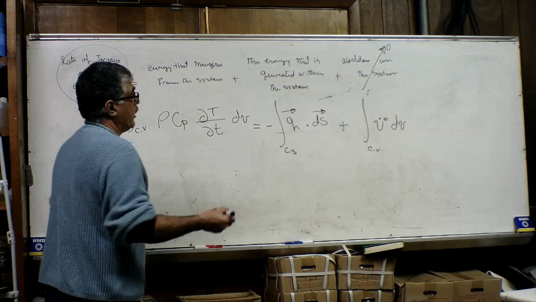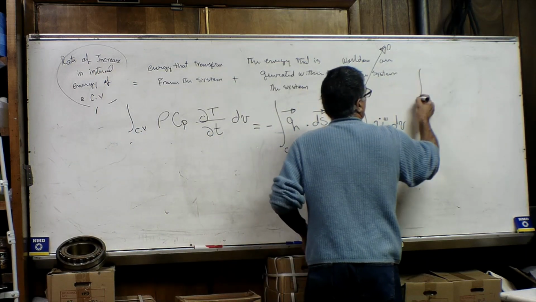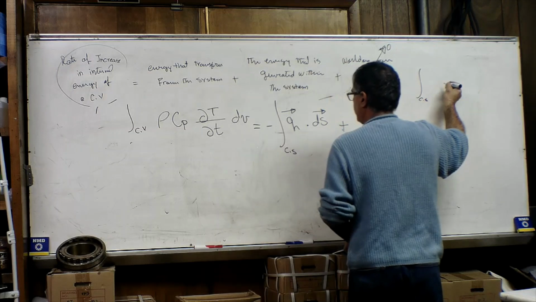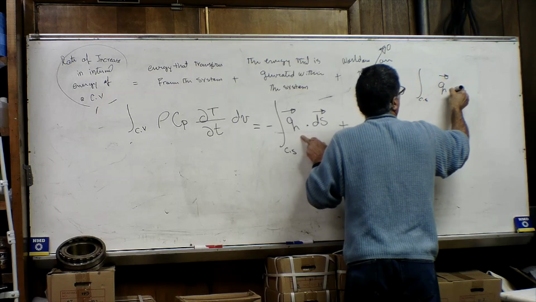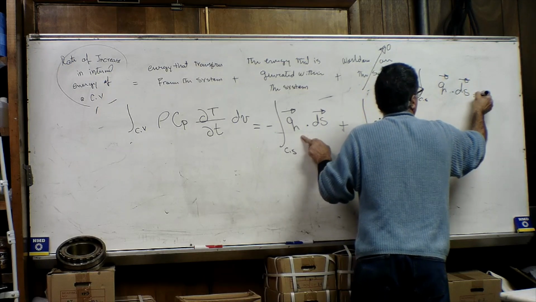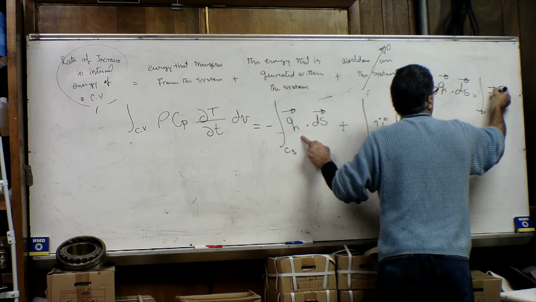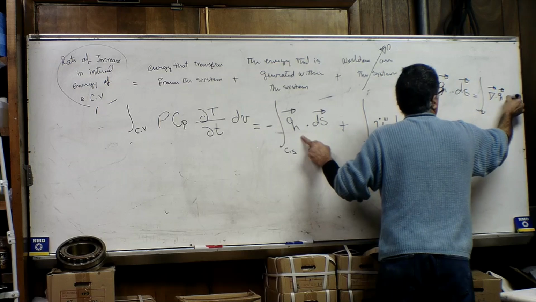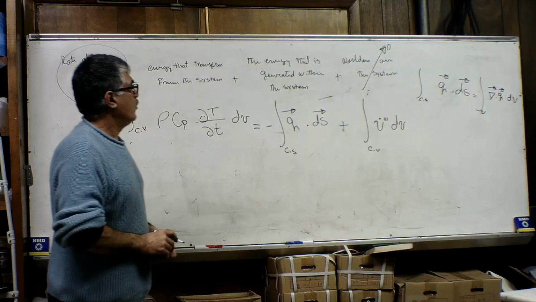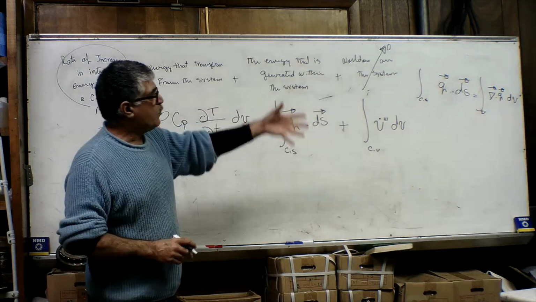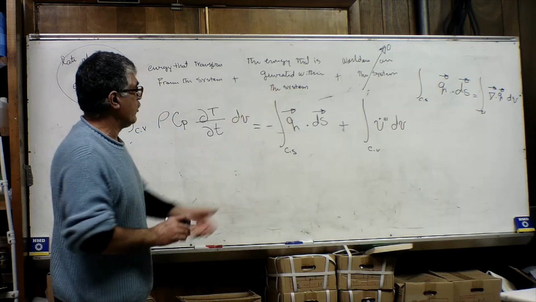The Gauss divergence theorem states that if we have the surface integral of Q dot dS, this is equal to the volume integral of del dot Q dV. So now we can use this theorem and transfer this control surface integral into a control volume integral.